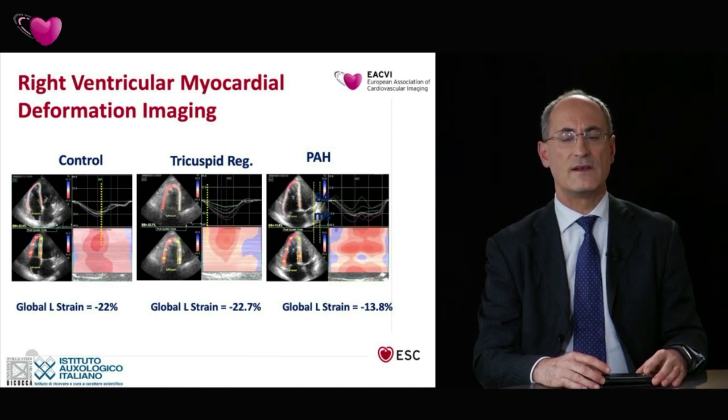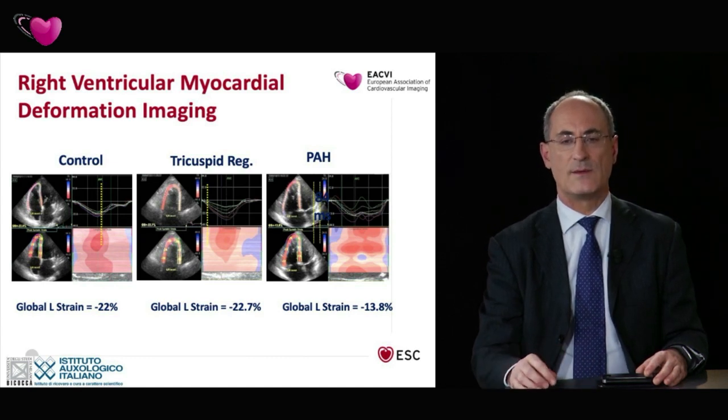In the patient with volume overload it is normal or even higher than normal, as expected for volume overload, but in the patient with pulmonary hypertension, despite the TAPSE not being reduced, we see a moderate reduction of myocardial function. And this is exactly the point: the ability to differentiate the different pathophysiology of right ventricular function or dysfunction.